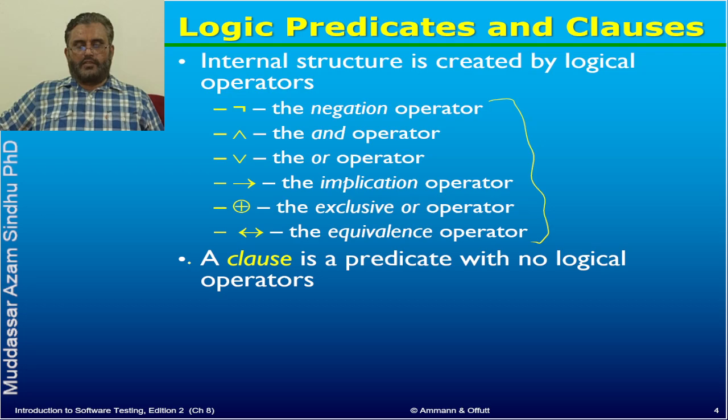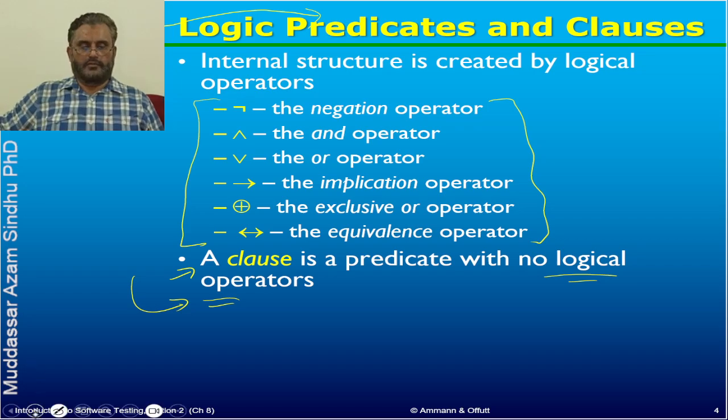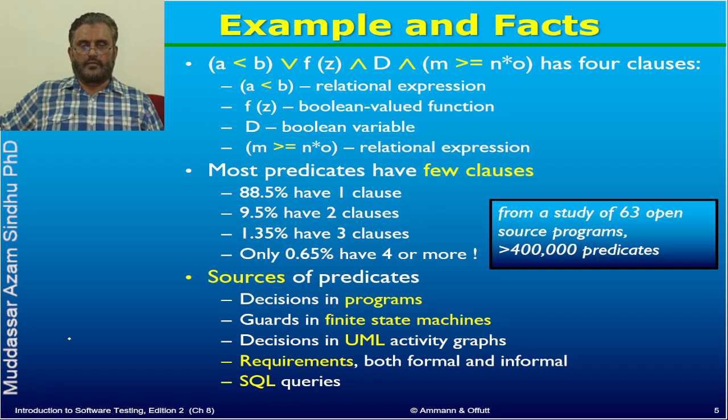So the next definition is of a clause. A clause is a predicate with no logical operators. This means these operators will not appear in a clause, but these can definitely appear in a predicate. So some examples and facts.